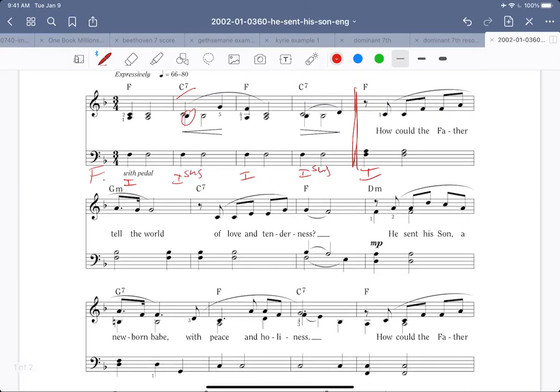You could continue to call this a 1 sus, because the left hand is basically doing the 1 chord with the B and the B flat instead of the A. They called the guitar chord G minor because, technically, if you put the G together with that, it does make a G minor chord, but it's in third inversion with the 7th in the bass. It's more of a pedal tone F with a little bit of the 1 chord going to its neighbor with the B flat coming back.